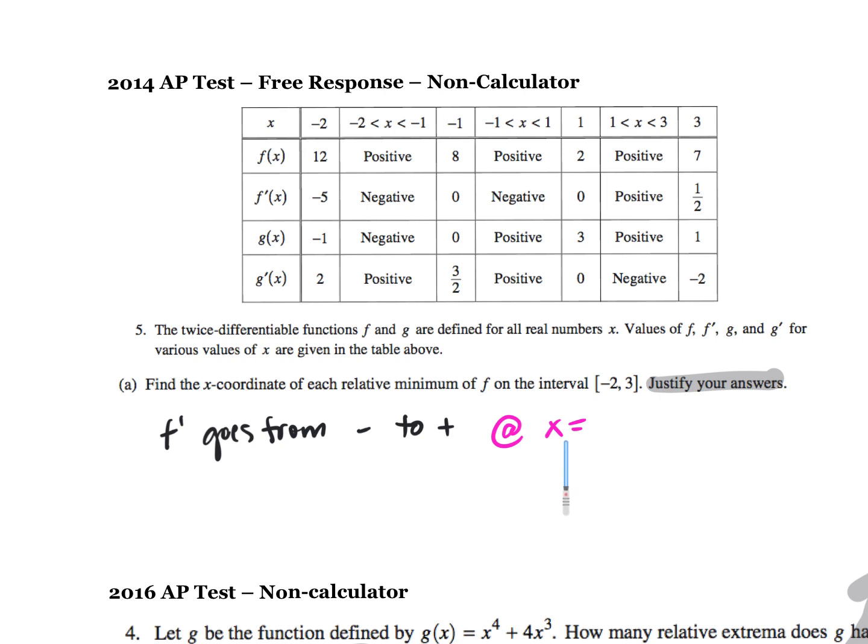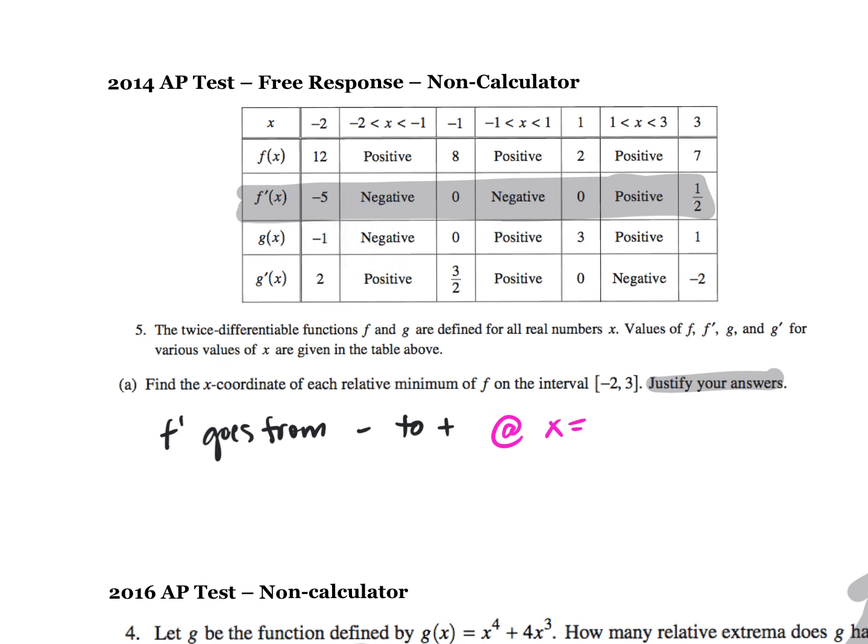That's happening at, where does my f prime, look what you just wrote, because they said here my function's f. So we said when f prime goes from negative to positive, said Fisher. Is there any x value that my f prime goes from negative to positive?